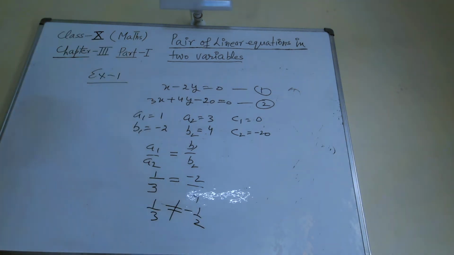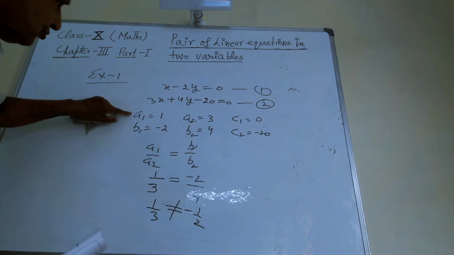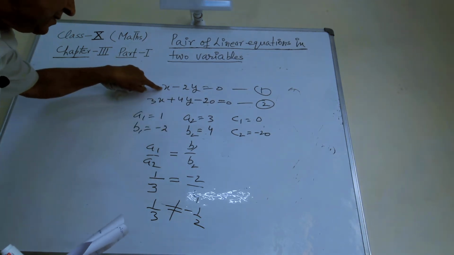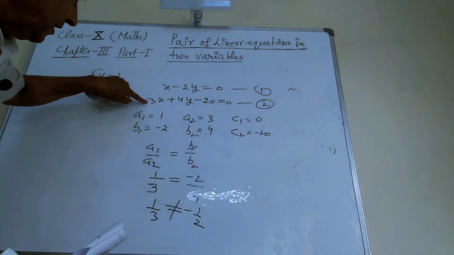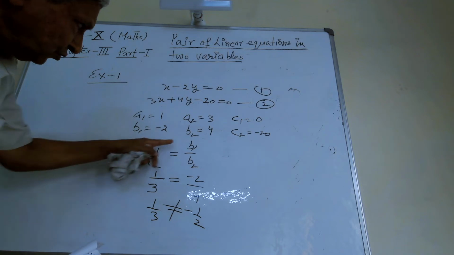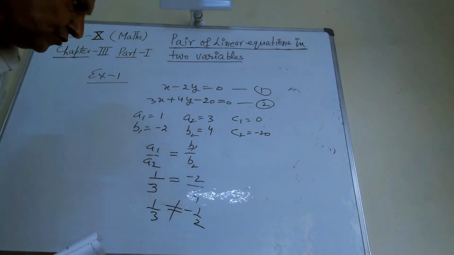They are not equal. So you should write these values very carefully: a1, b1, a2, b2. The condition is a1 upon a2 not equal to b1 upon b2.